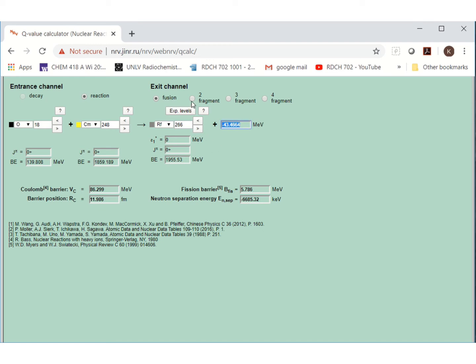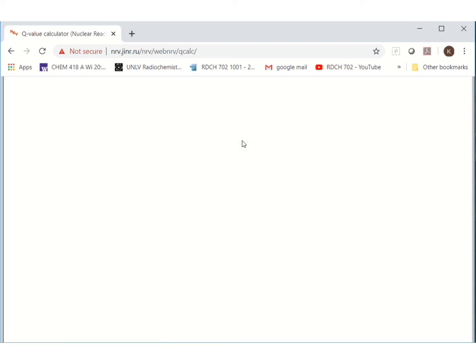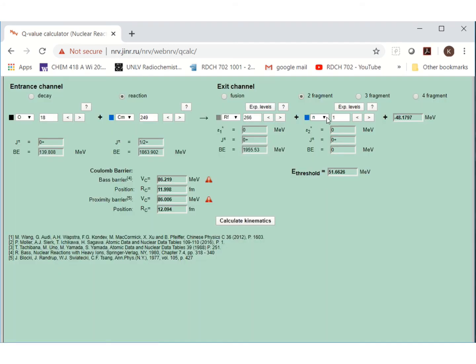But I could also say that, let's make it into two fragments. I'd make 5 neutrons boil off. So this rutherfordium 266 would form and give up 5 neutrons and make rutherfordium 261.